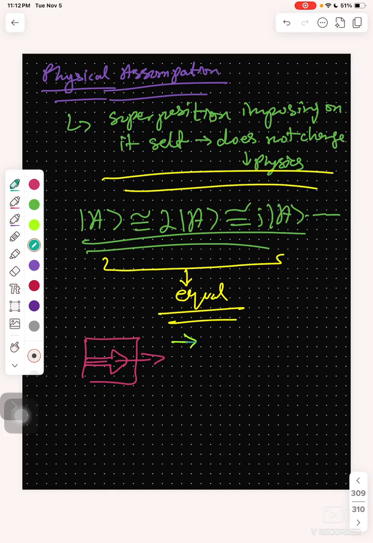In terms of the diagonal, this is y, this is x.